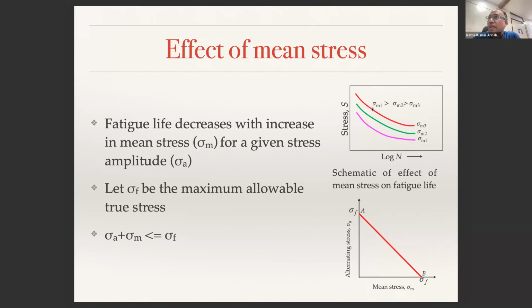At the same life, if you increase the mean stress, the stress amplitude at which failure happens reduces, and if you further increase the mean stress, it reduces further. If you connect all these points, for example these 3 points plotted on this graph, this line corresponds to a particular life. Is that clear or not?